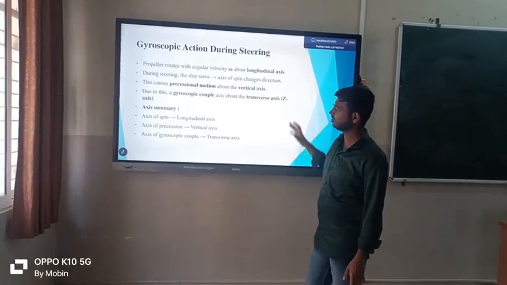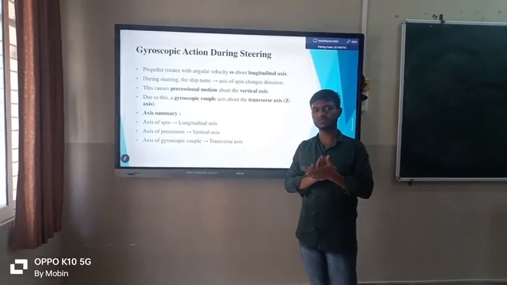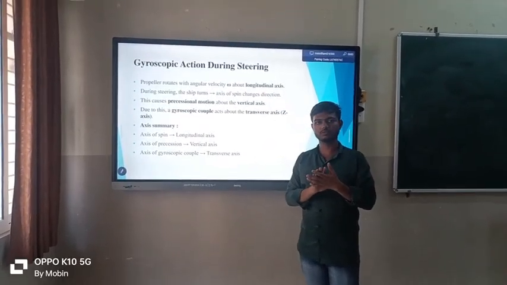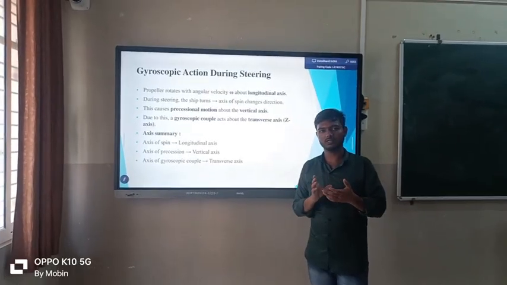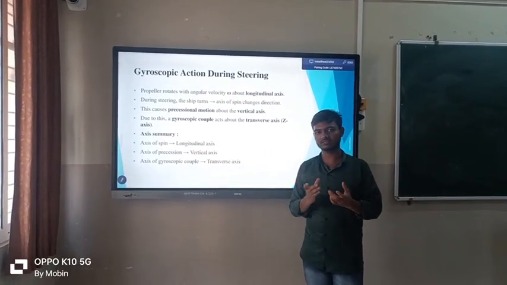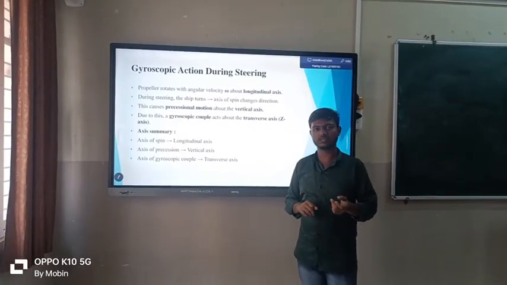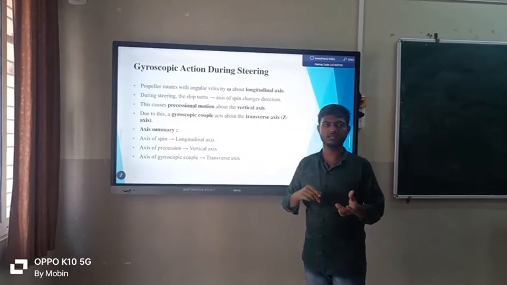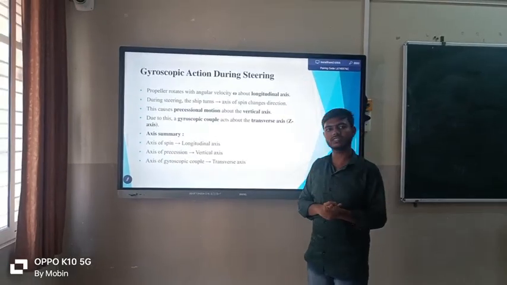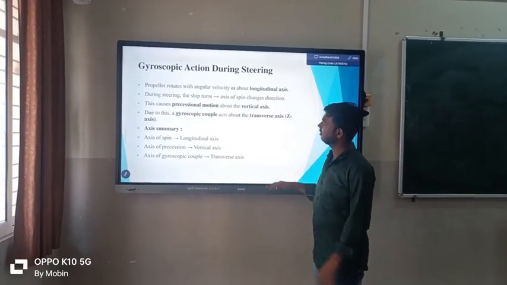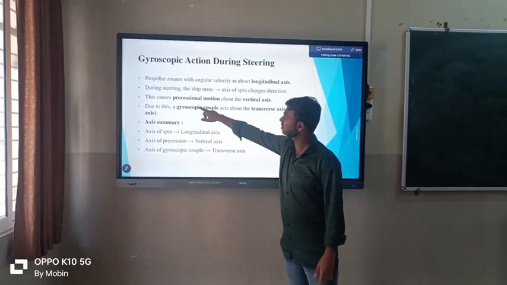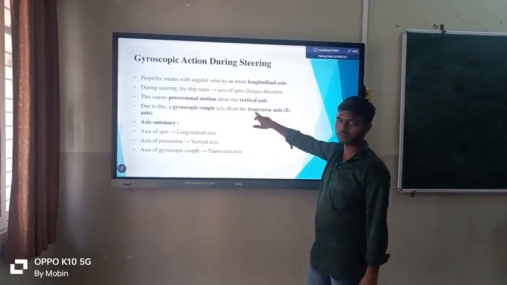The axis of spin changes: the spin axis, the x-axis, is rotated about the y-axis, the axis of precession. This causes precessional motion about the vertical axis.